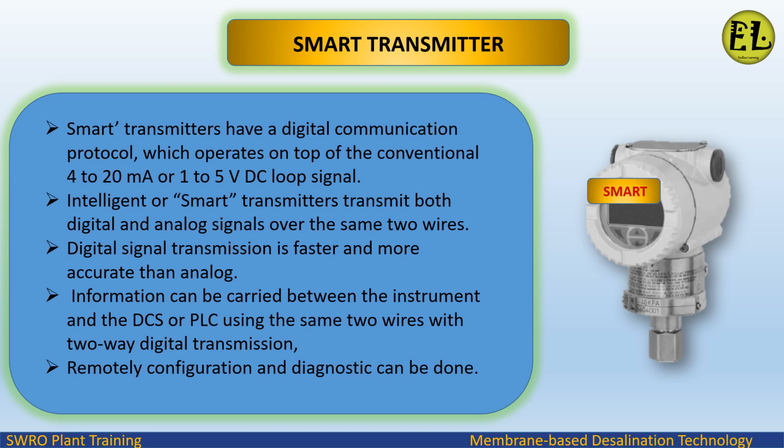Digital signal transmission is faster and more accurate than analog. Information can be carried between the instrument and the DCS or PLC using the same two wires with two-way digital transmission, and remote configuration and diagnostics can be done.